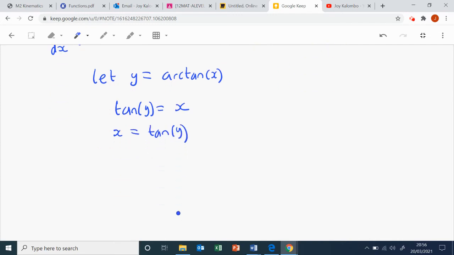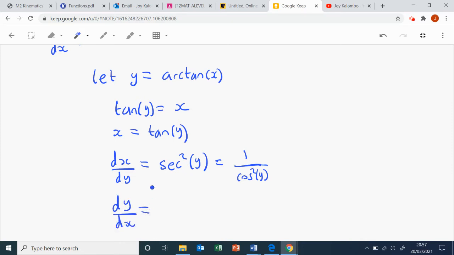and we can use the fact that dx/dy, differentiating with respect to y, is equal to sec squared of y. Okay, also bear in mind that that is the same thing as 1 over cos squared of y. Which means that dy/dx is equal to the reciprocal, right?